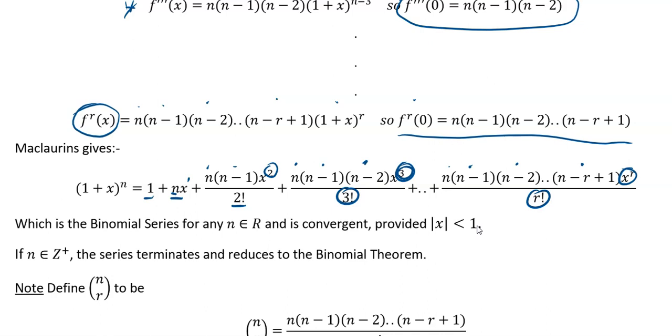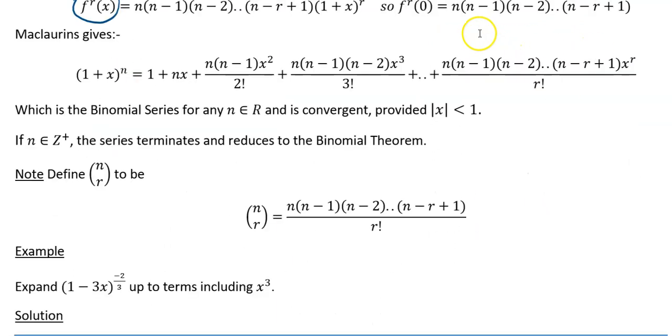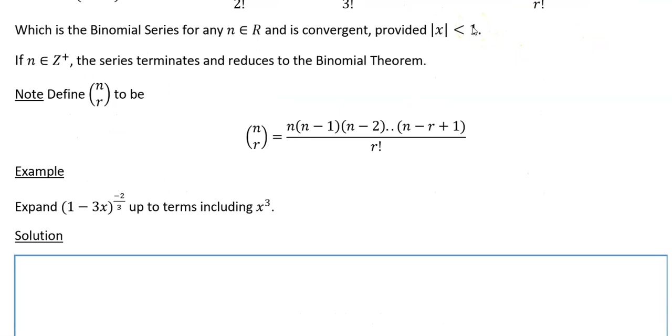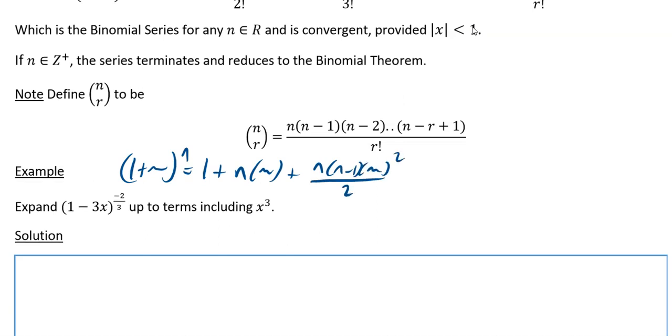Okay, so in general as well, a nice way of saying it is this. How I remember this is if you have (1 plus squiggle) to the power of n, it is 1 plus n times the squiggle, plus n times (n minus 1) times the squiggle squared divided by 2 factorial, plus n times (n minus 1) times (n minus 2) times the squiggle cubed over 3 factorial.